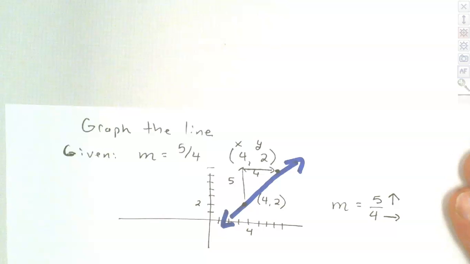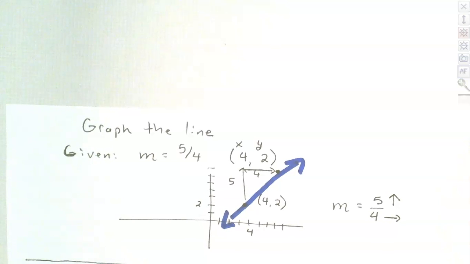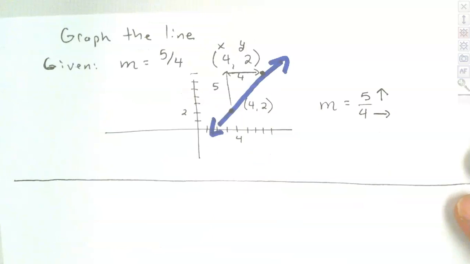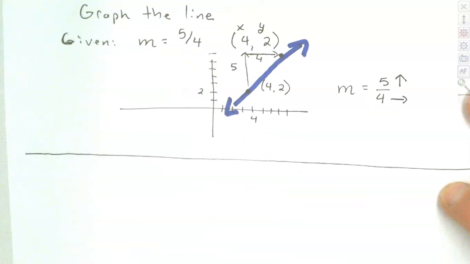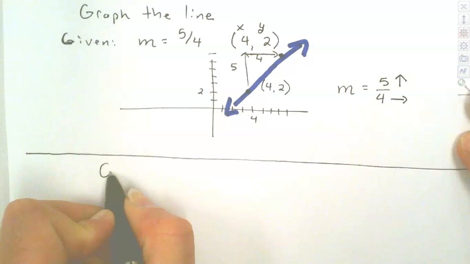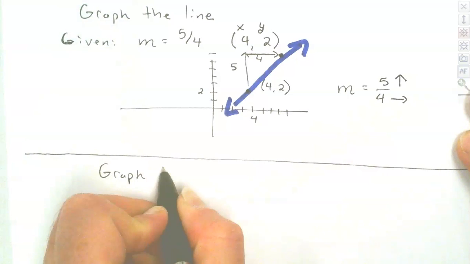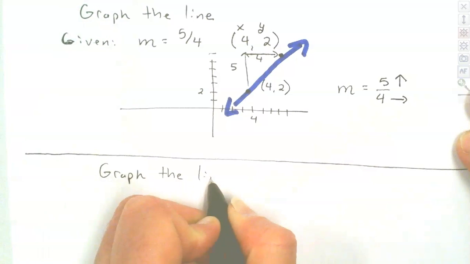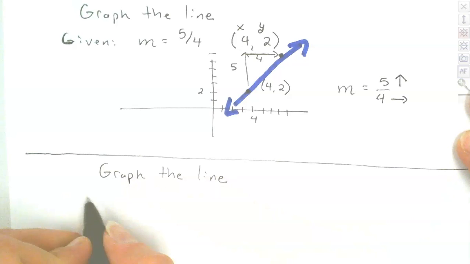What about an undefined slope? Well, an undefined slope, what is that? An undefined slope, remember, is a vertical line. So let's try to graph one of these. So we're going to try and graph the line.